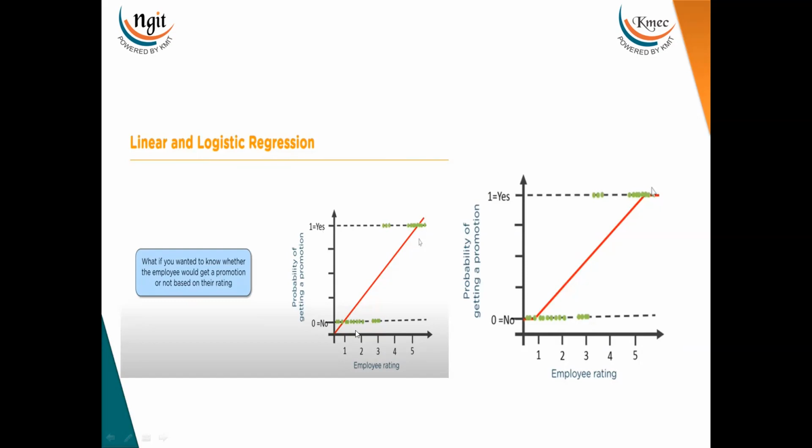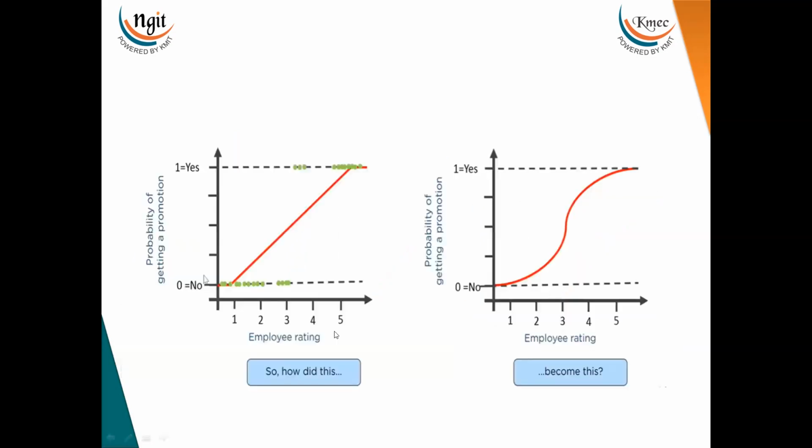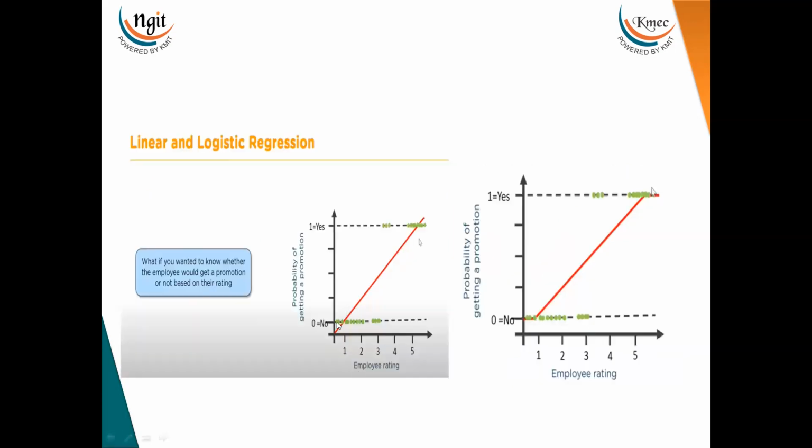As the employee rating increases, there is a high probability that the person will get the promotion. But the graph should not cross 0 or 1, because the probability is between 0 and 1. In this case the graph is crossing 0 and 1. How can your graph cross the 0 or 1 line? So this is not a proper graph.